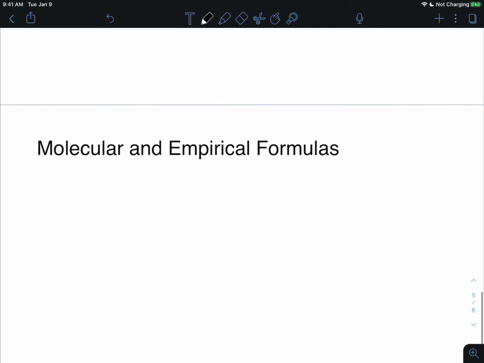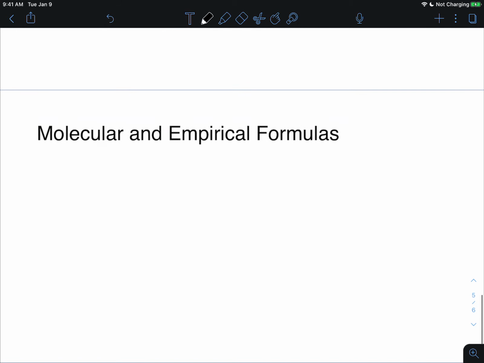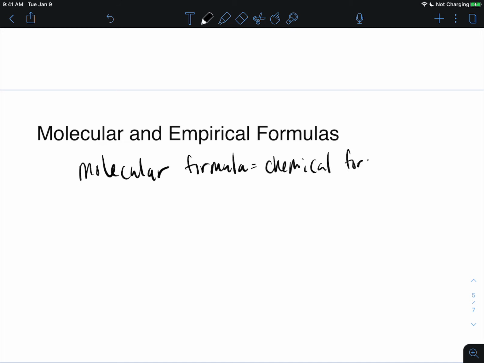Okay, next we're going to talk about molecular and empirical formulas. So a molecular formula is what we saw above. That's when we're talking about a covalent molecule. So our molecular formula is our chemical formula for a covalent species.